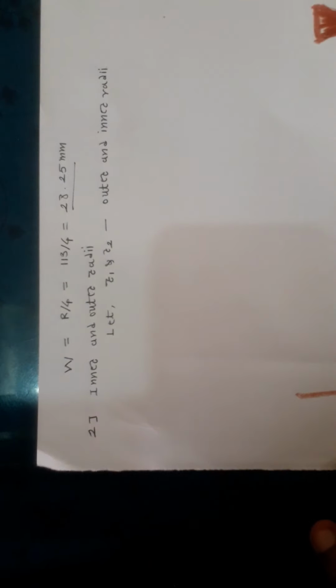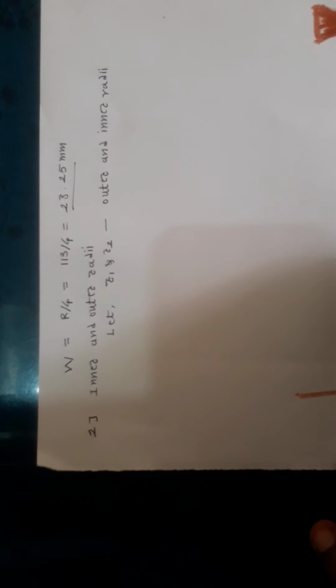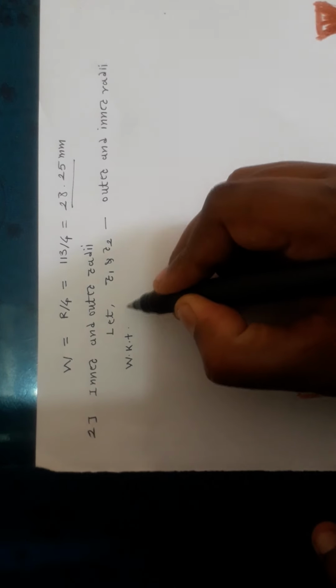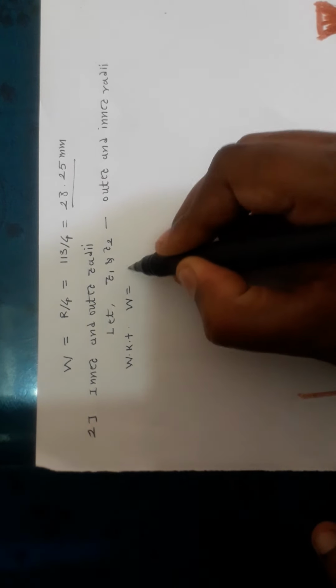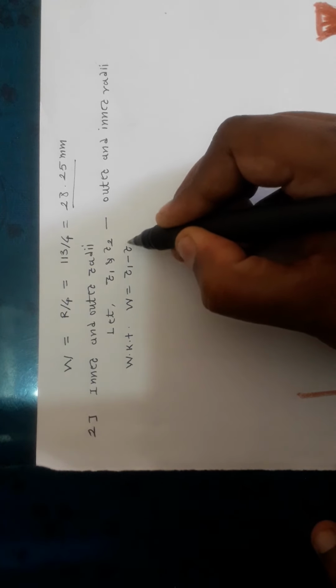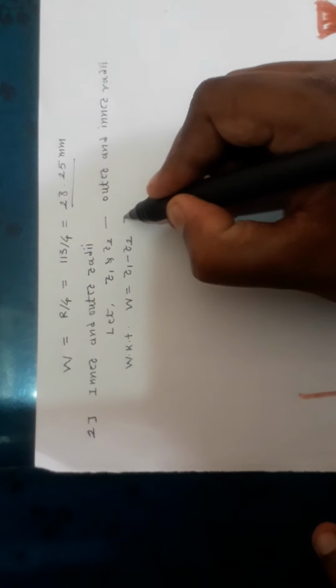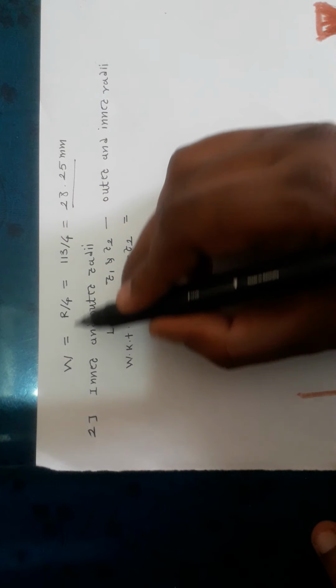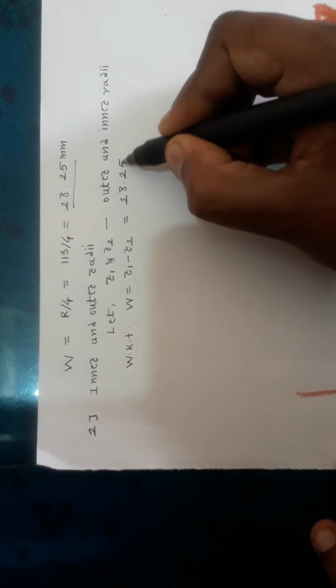Now see, since the width of this particular clutch plate is equal to the difference of the outer and inner radii, so we can write that W is always the difference of these two radii. We already found out it's 28.25 millimeters. So let it be equation number 3.